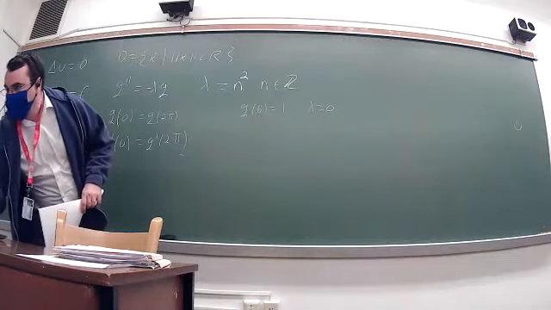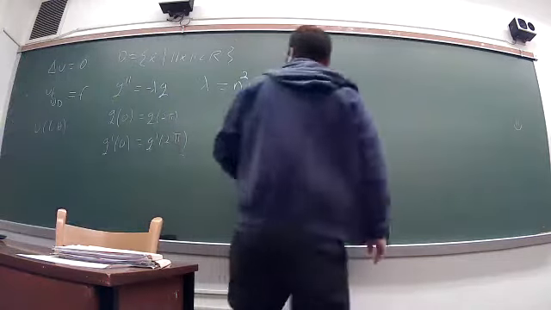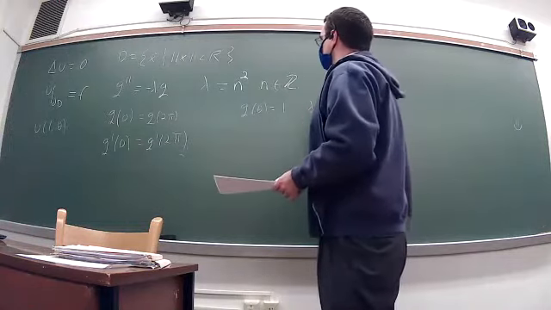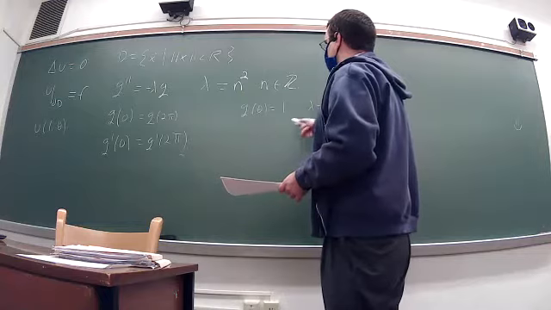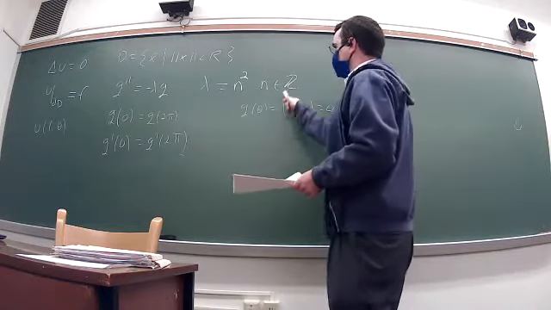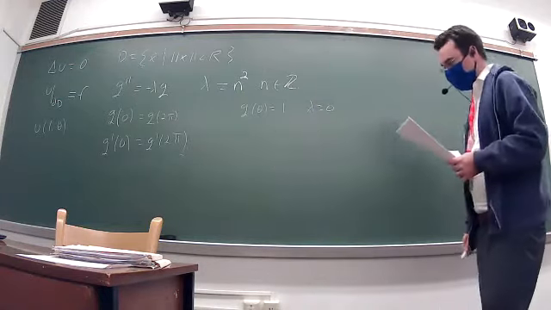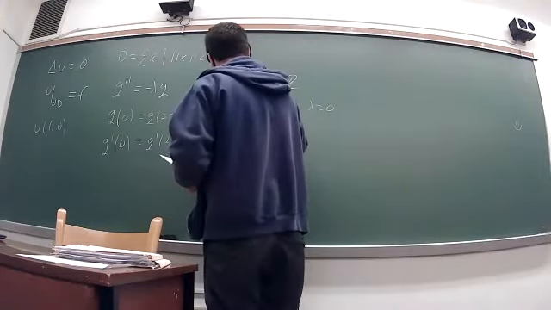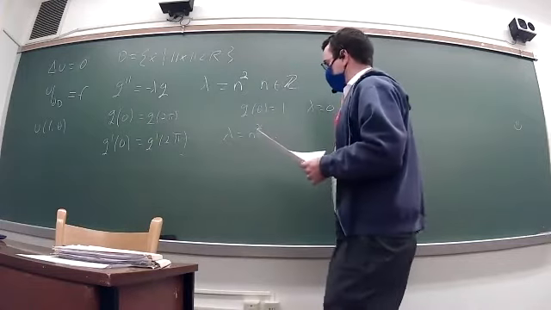And for lambda bigger than 0, lambda had to be n squared for n in Z. And so for lambda equals n squared, what was the basis for the eigenspace?